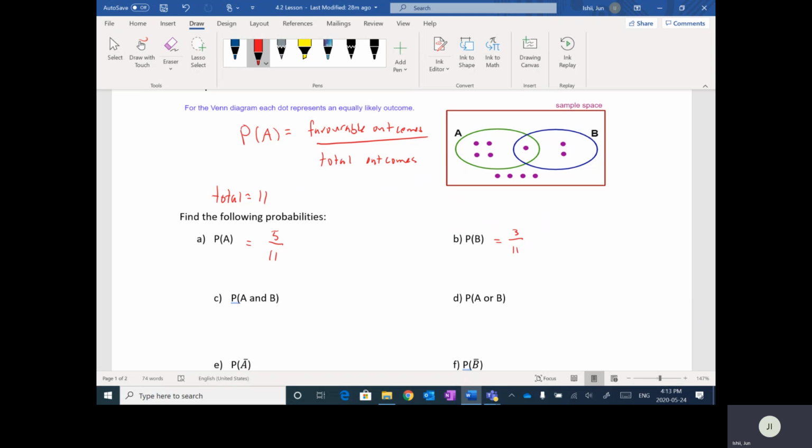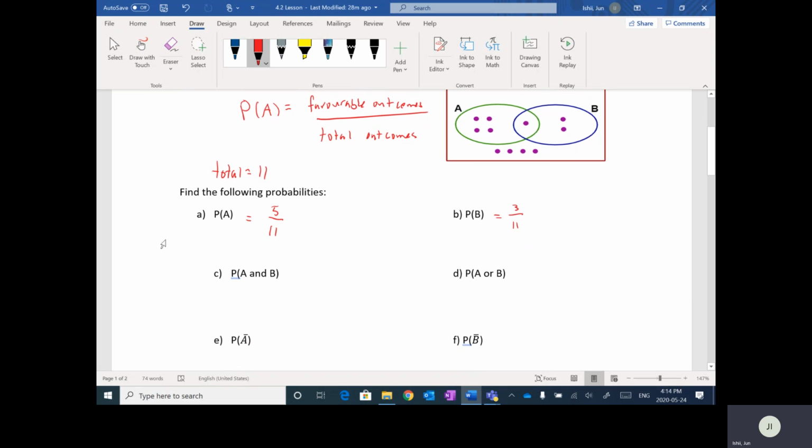Next up is the probability of A and B. I'm going to show you some notation, because it's going to be written in notation. This is the same as probability of A intersect B. This upside down U means we're looking at where A and B both happen, which is the overlap. How many times does A overlap with B?